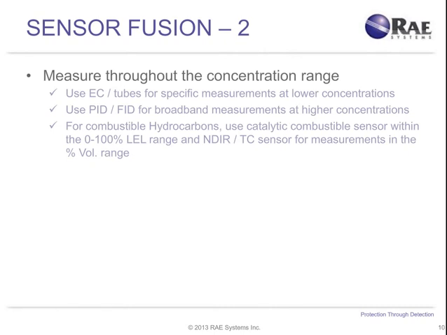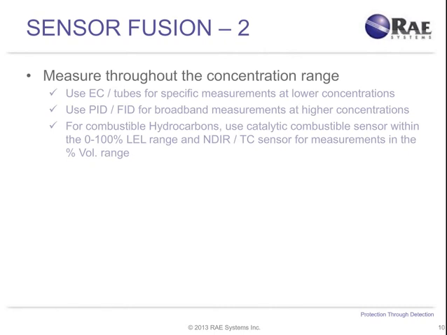That is basically when you're going to make a stop work decision, usually at 10% LEL. If a chemical is present at that concentration, then you want to stop work. If you need to go higher towards the percent volume range, you can use an infrared or a thermal conductivity sensor.